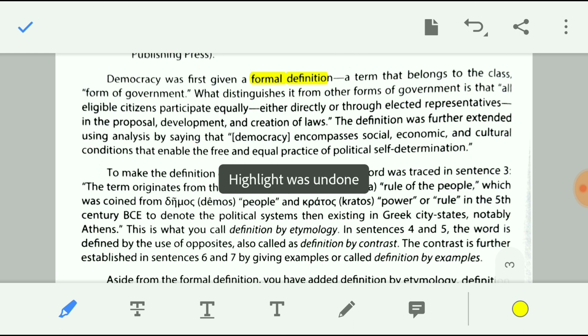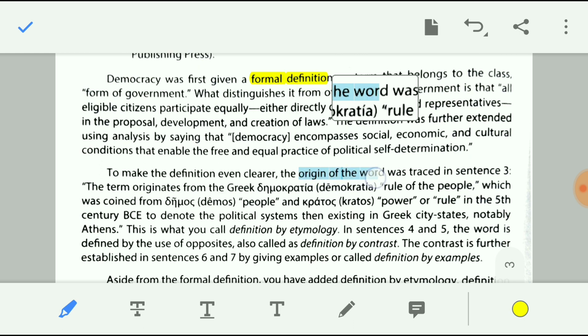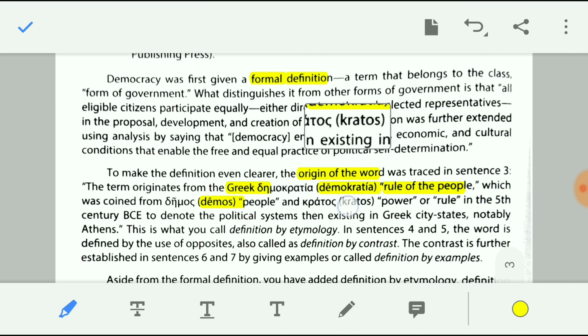For sentence number 3, the term originates. This is the origin of the word. So for the origin of the word, you use etymology. Etymology is where the word is coming from. If you notice, it came from a Greek word, and then it explained what the meaning of the word is, so they can be understood better.